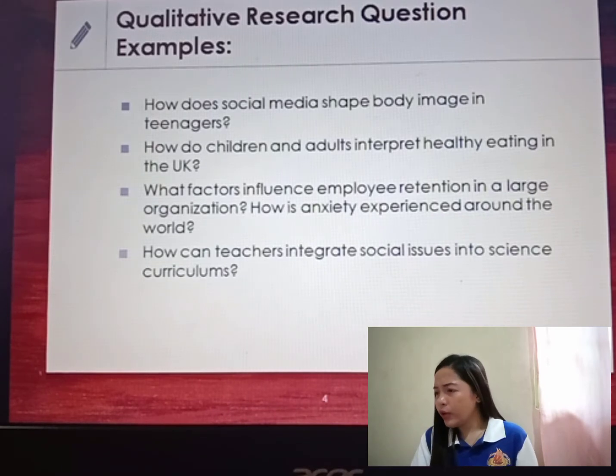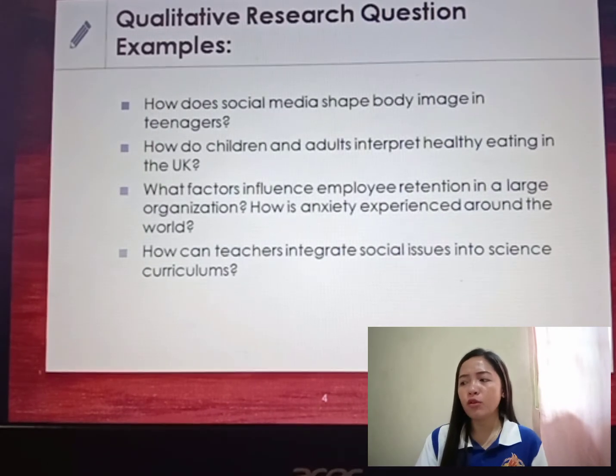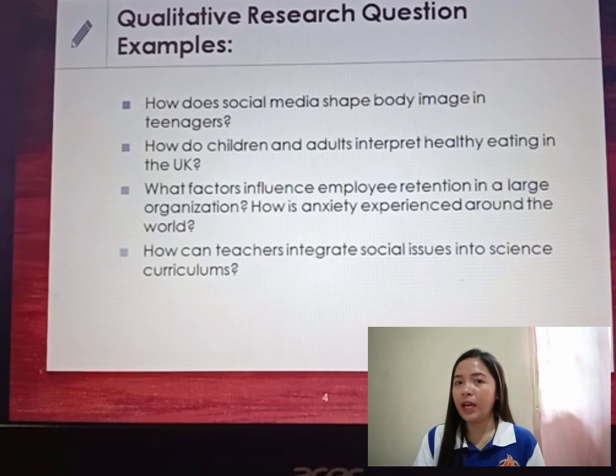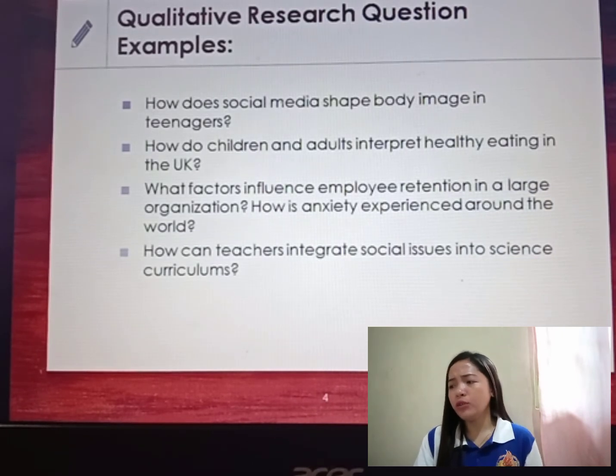And so here I am going to show to you some qualitative research titles. First, how does social media shape body image in teenagers? That is very common nowadays. And second, how do children and adults interpret healthy eating in the UK? Third, what factors influence employee retention in a large organization?